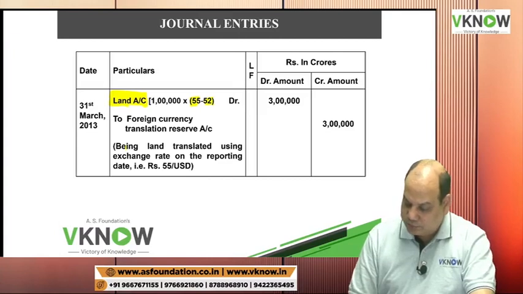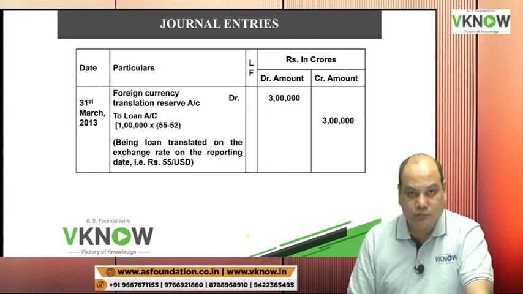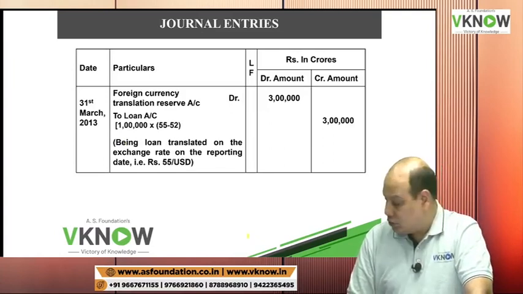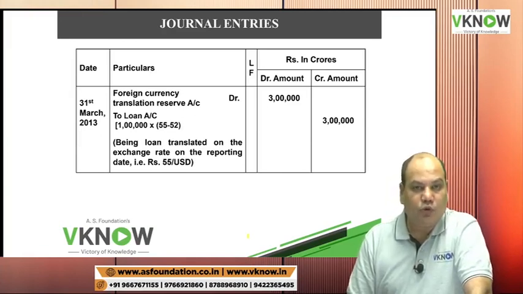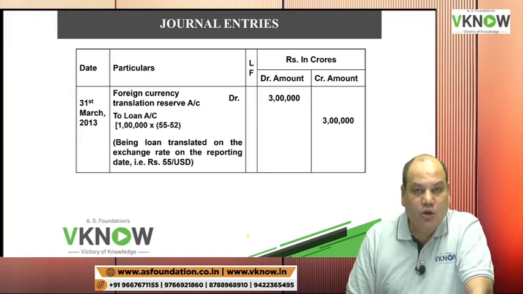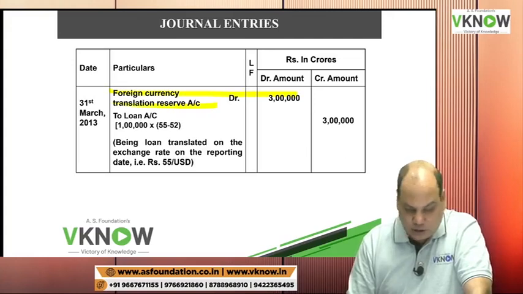Narration homework, same narration, and now there is a loan also. Even the loan will be revalued, and even in case of loan, because it is NIFO, all exchange difference we will accumulate in FCTR.